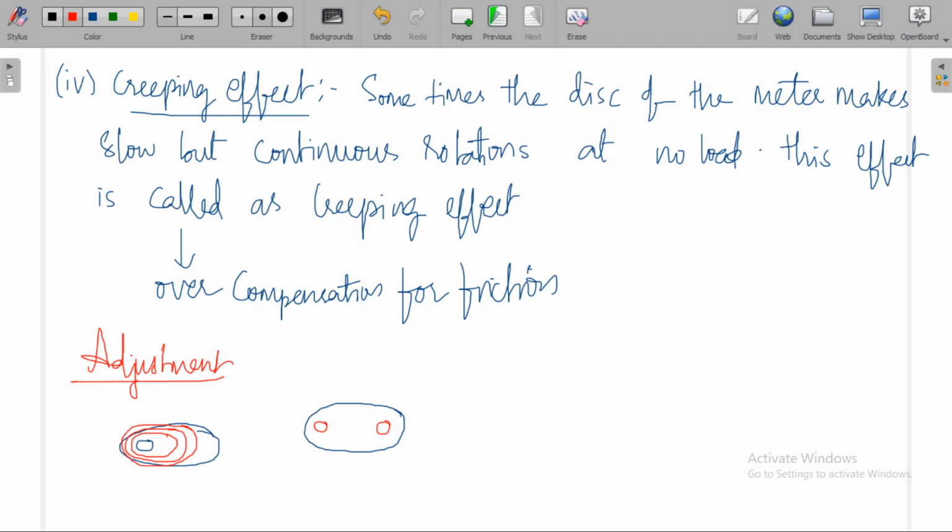Here the flux per area is more on this side. On the other side of this hole, flux per area is less. So there is an unequal, non-uniform distribution of flux.